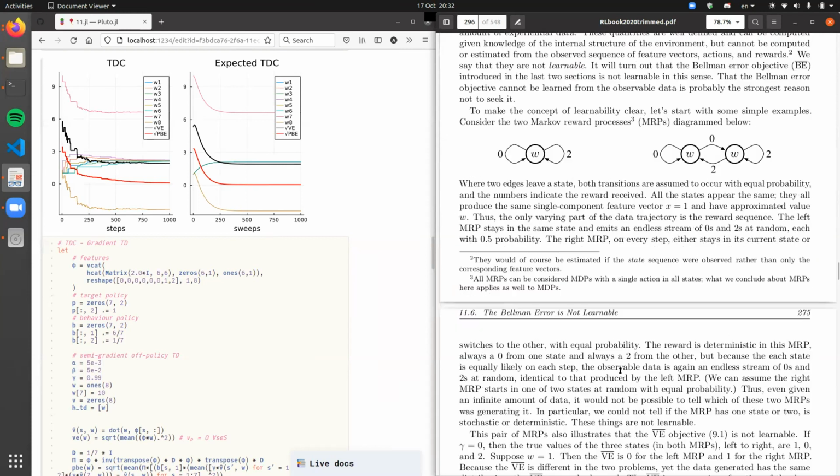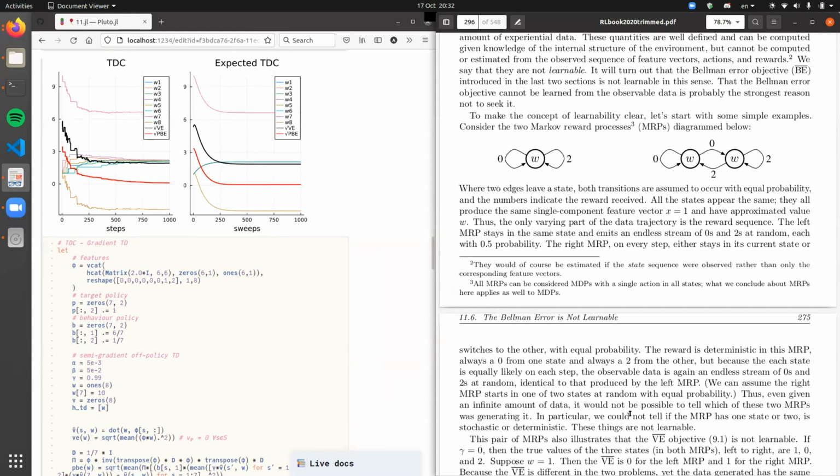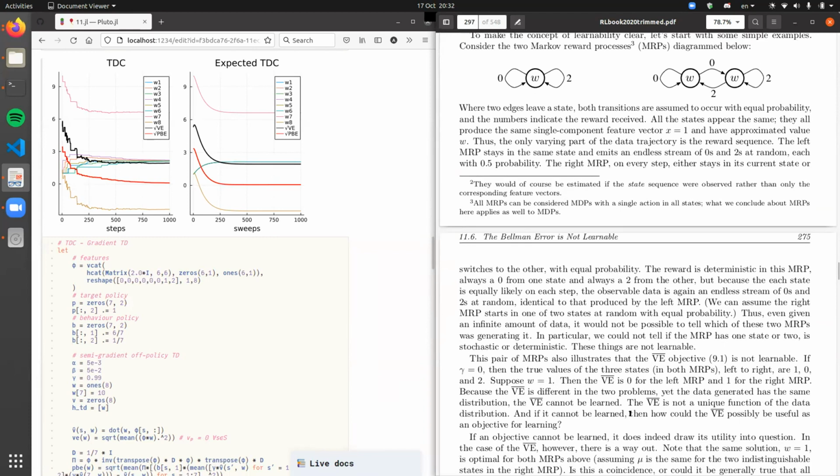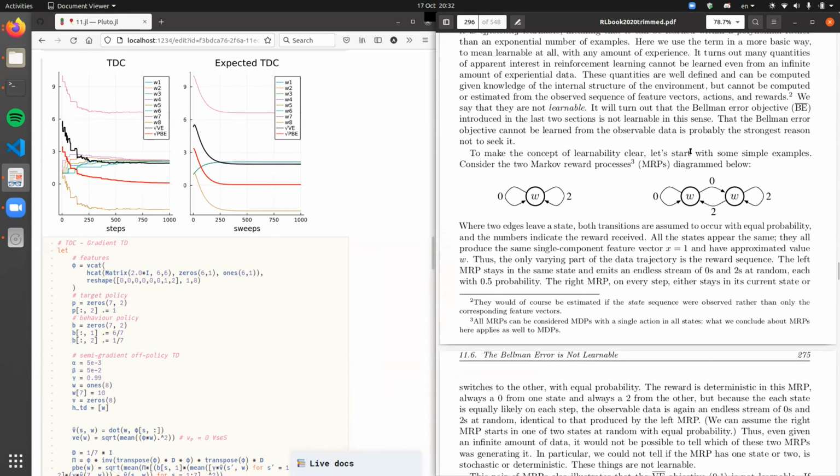And so the problem is we cannot uniquely identify the value error from the data only, if we don't know anything about the underlying process here.